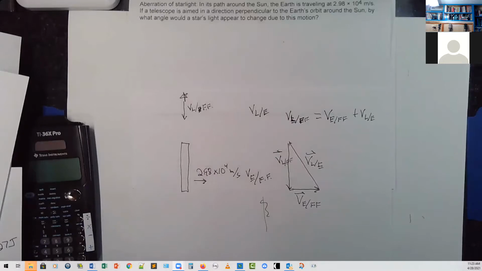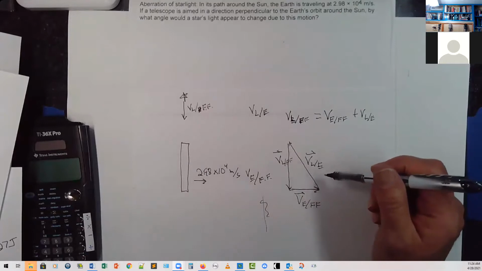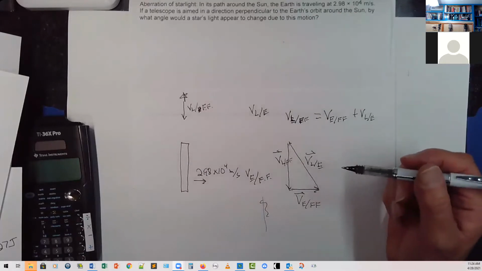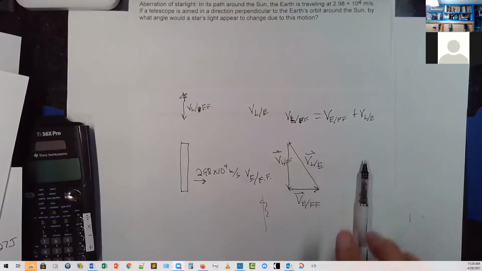All of the other observations that had been made up until that time, you could explain away with the idea of the sun being fixed and the sun moving and the planets doing various weird things. But this particular observation was the first convincing evidence that the Earth traveled around the sun instead of the sun traveling around the Earth.